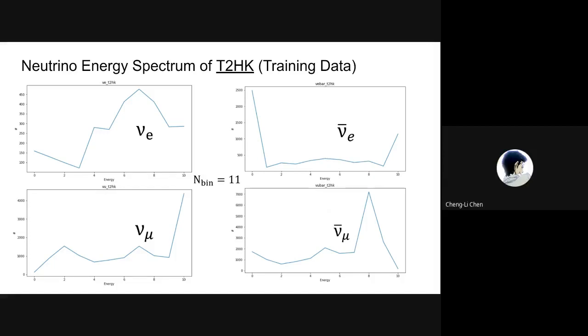Okay, Shenghua, please keep going. It is the T2HK spectrum training data. But this is just one event, right? You say you have 1 million samples, but this is just one of the samples, right? Yes, we just show one of them.